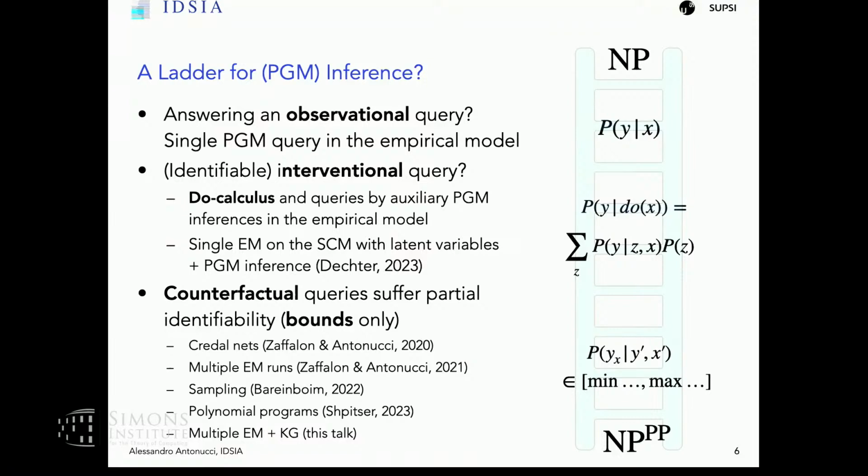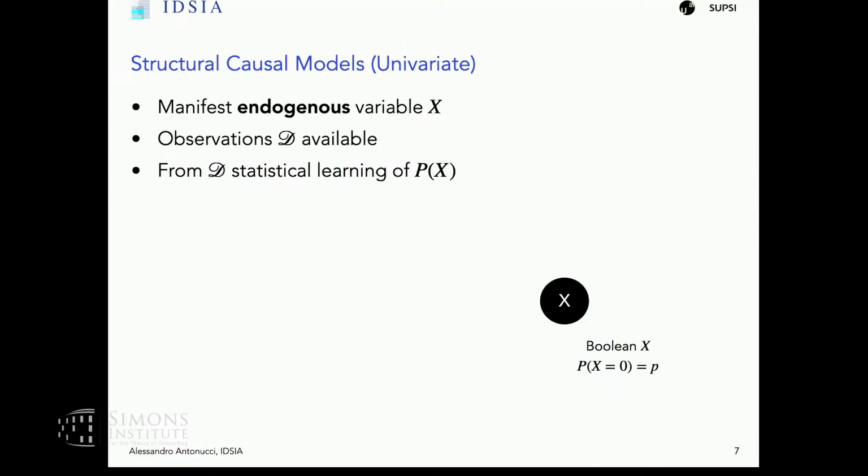Some other people like Elias, the main leader, there are lots of authors in this paper, but this is the group of Elias Bareinboim, who is trying to do this approach based on sampling. Some other people are doing polynomial programming to solve this optimization task. We are trying, and this talk is about doing this EM, but together with knowledge compilation. So this is just to have some framework.